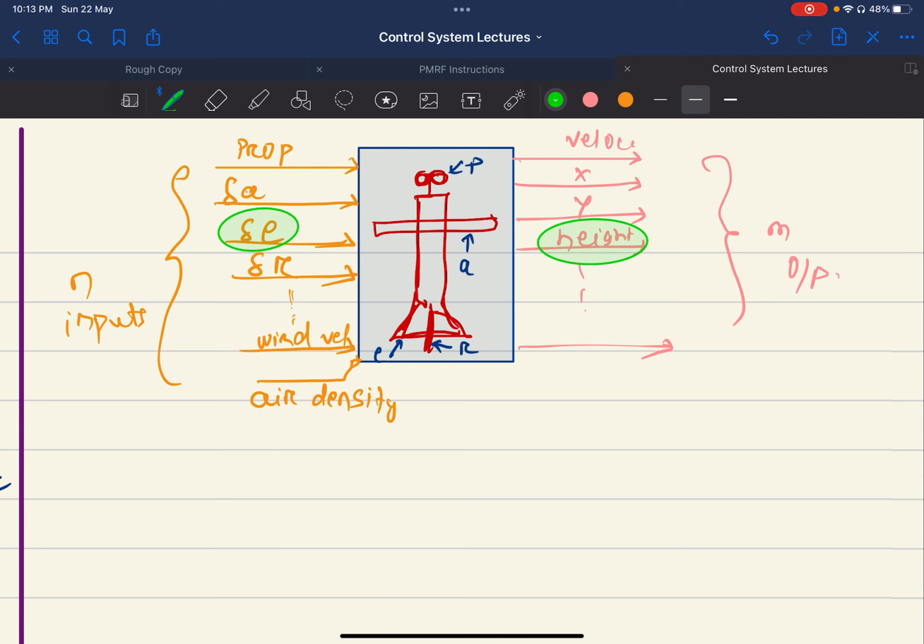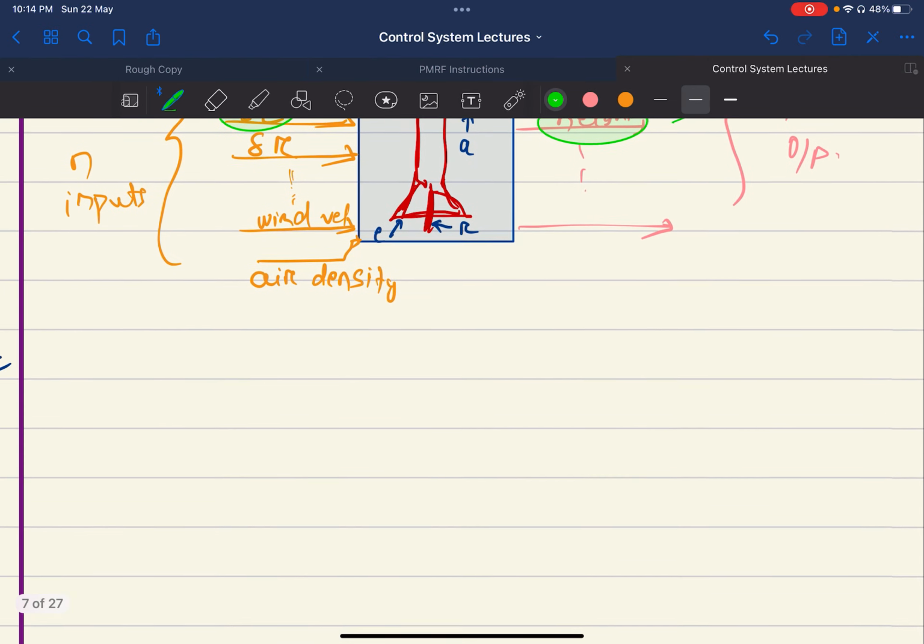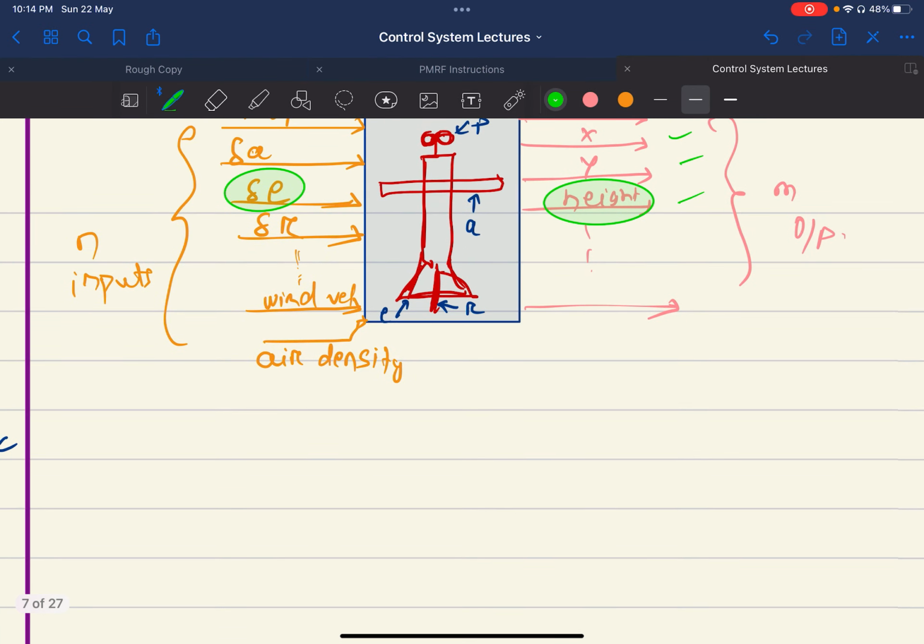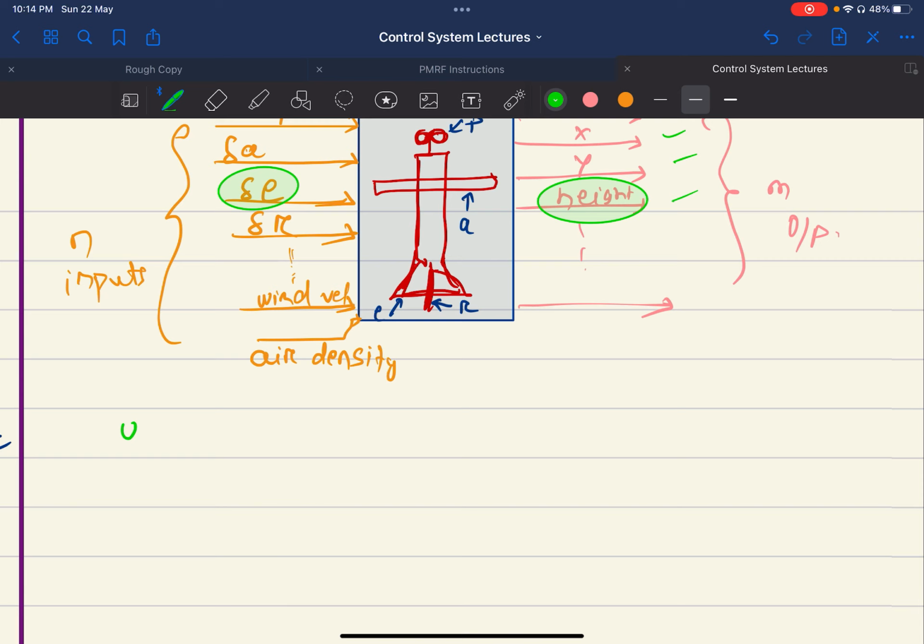Definitely, this change in elevator angle will change some x, y, height, velocity. Everything will be changed. But I want how much height change has happened. So if I take my u as delta e, my output y is the height.